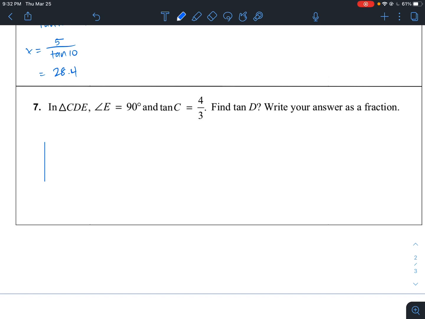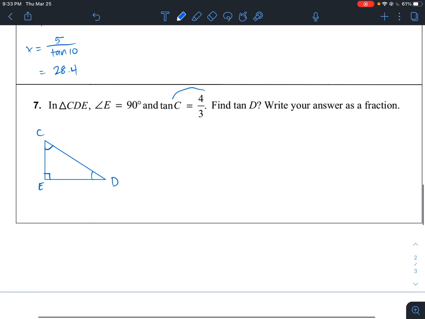So draw a right triangle because it gives you that angle E. So let's call this E. This is 90 degrees. And then we have angle C and angle D. So CDE. It tells us that tangent of C is equal to 4 divided by 3.